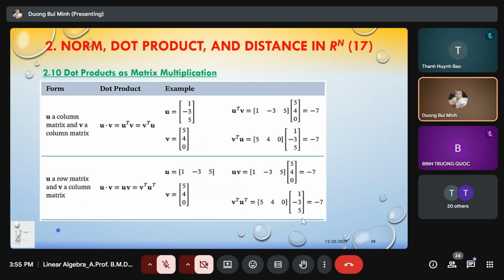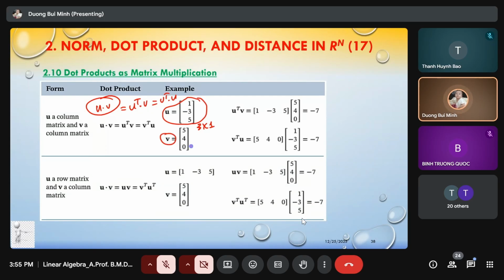Now we talk about u dot v. u dot v will be equal to the transpose of u times v, or the transpose of v times u. Why? Because vector u here is a column, that means we have 2 rows and 1 column.